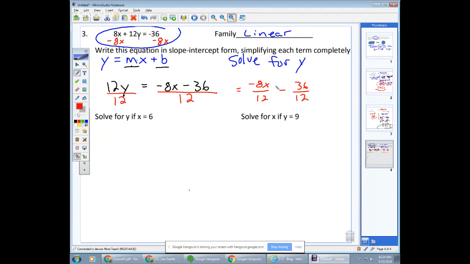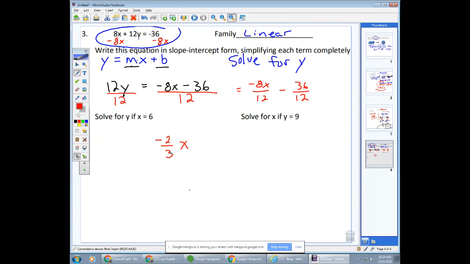So now I have to clean that up. What number goes into both 8 and 12? 2 or 4. Yeah, so 4 goes into 8 twice, so that's going to be a -2. 4 goes into 12 3 times, so I get negative 2/3 times x is the way I'm going to write it.